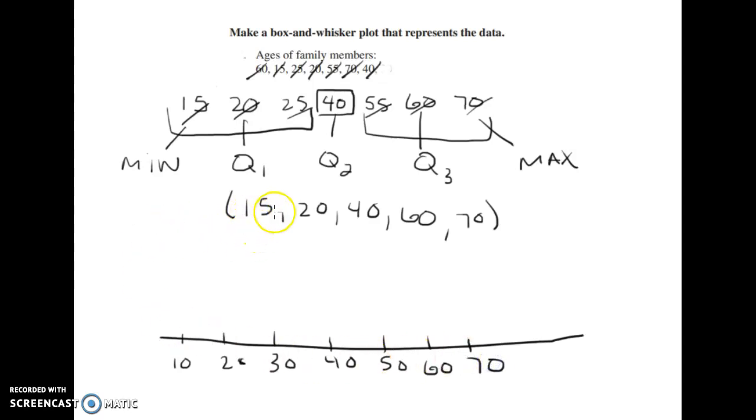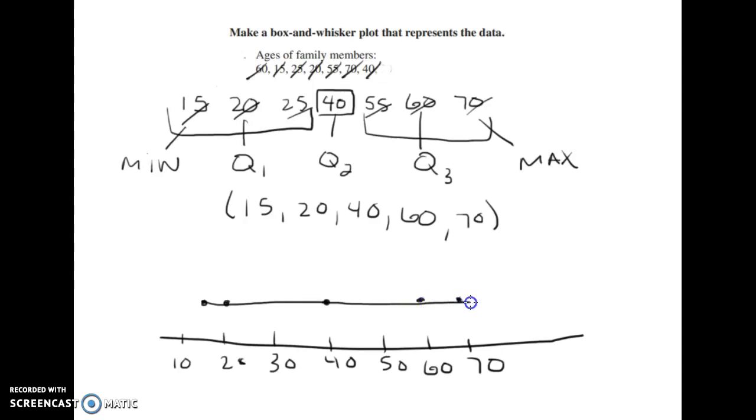So I'm going to put a dot where 15 would be, because my minimum is 15, my Q1 is 20, my Q2 is 40, 60, and then 70.